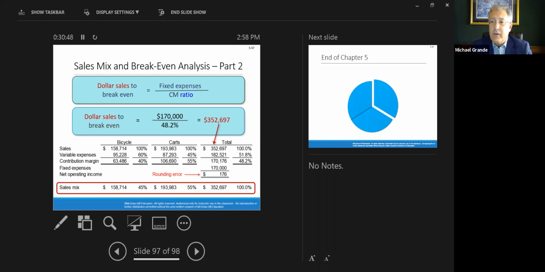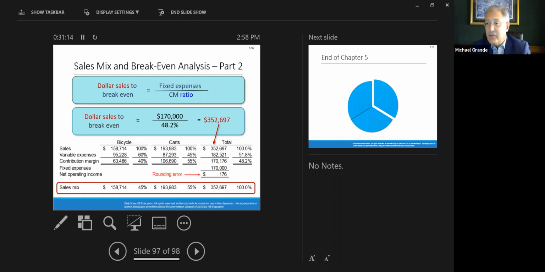Now, in order to prove this, to show that break-even point is 0, we need to do out this chart. And we need to keep in mind we have to use exactly the same sales mix that was used before, where the bicycles had 45% and the carts had 55%.